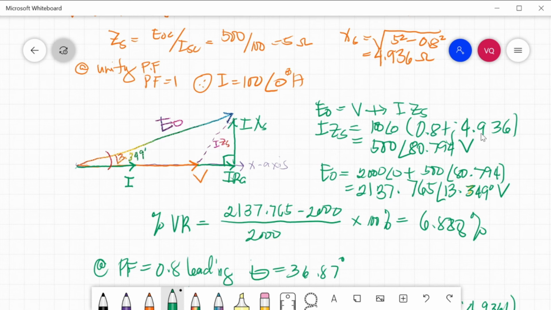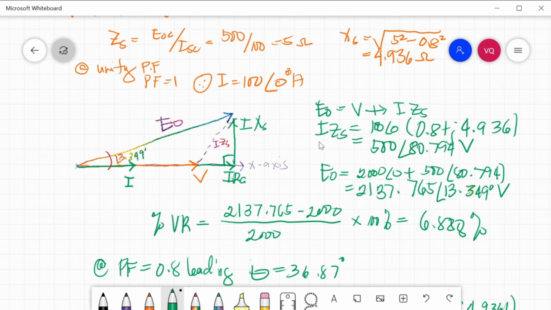We need the magnitude and direction. You could also use just 5, but you would not get the direction if you substitute only 5 for Z. So we need the resistance and the reactance, 0.8 plus j4.936.